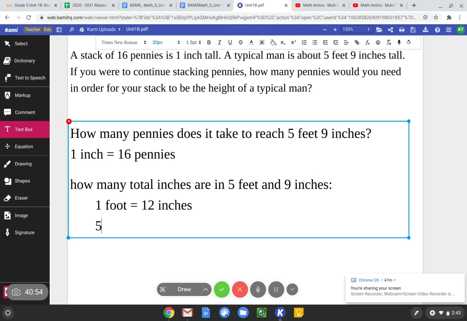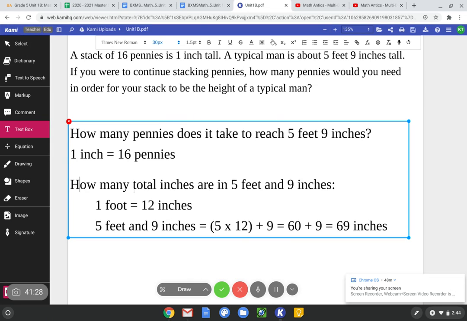So we're doing 5 feet and 9 inches. That's going to equal 5 times 12 plus 9. That's going to be 60 plus 9. Total number of inches is 69 inches.